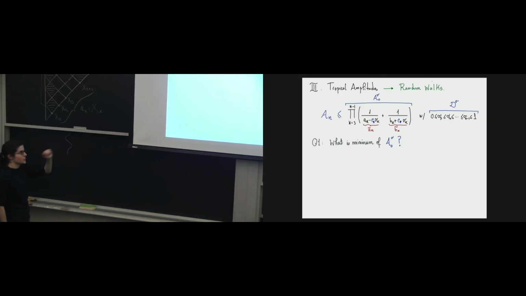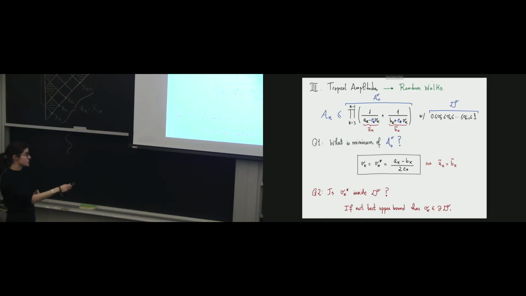Okay, so the first thing that we can ask is what is directly the minimum of this A naught of sigma? And since each sigma k only appears in one factor in this product, that's an easy question to answer. And it turns out that the minimum happens for a value that I'll call sigma k star that effectively makes the A tilde k equal to the B tilde k. So it's a situation where they're fully balanced, like these two numbers are exactly the same.